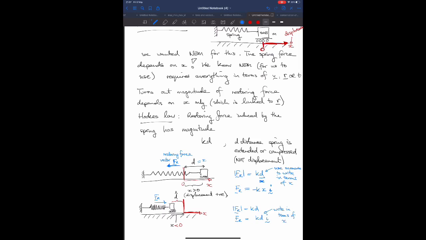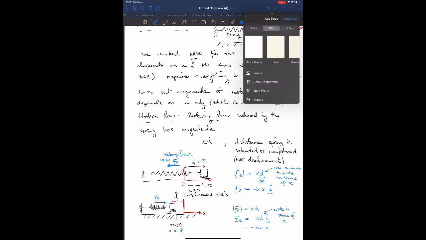Looking at the diagram, our x will be minus d. So for the second case I can write this as minus kx. And that's the form of our restoring force.